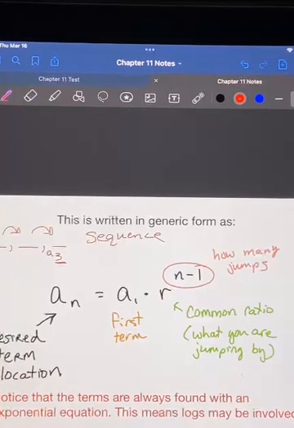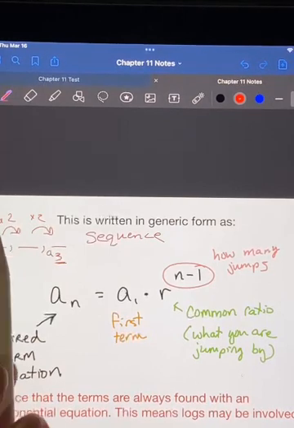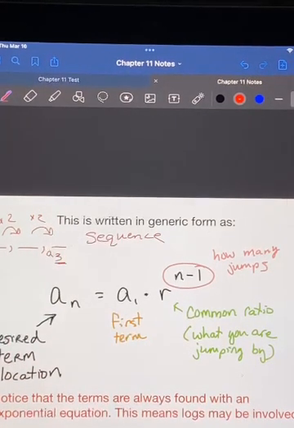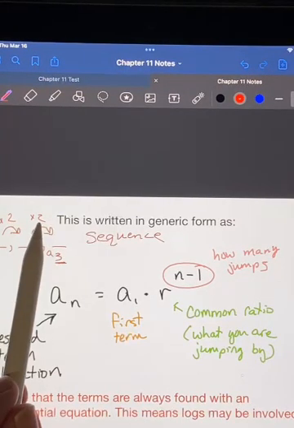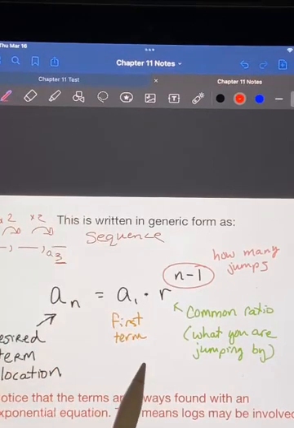Because these are multiplied, say we were multiplying by 2 each time, remember that when we are multiplying, we are dealing with exponents. Because I have 2, now I have 2 twos. I could rewrite that as 2 squared. If I had 3, it would be 2 cubed.